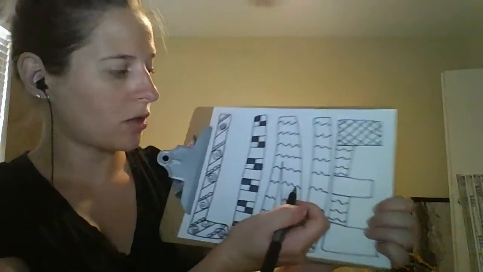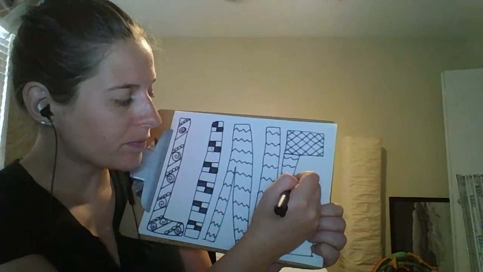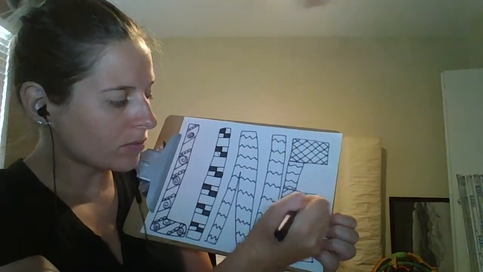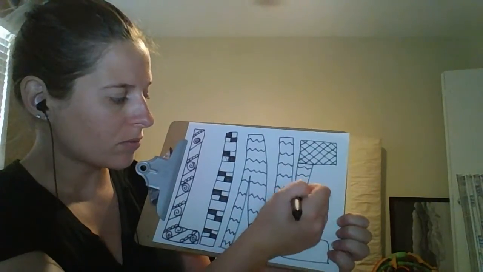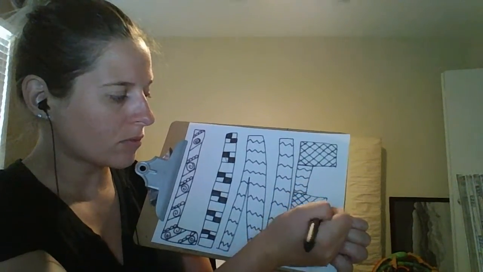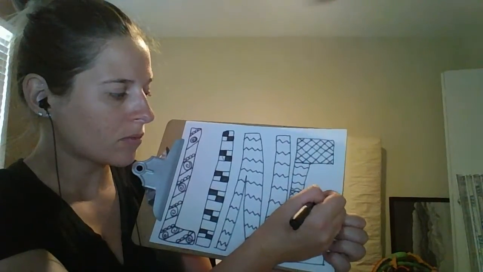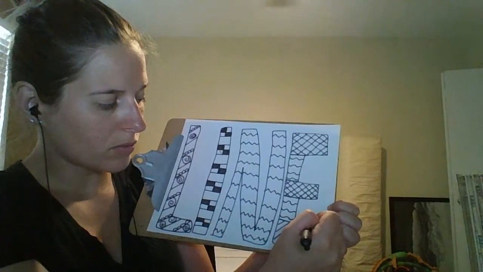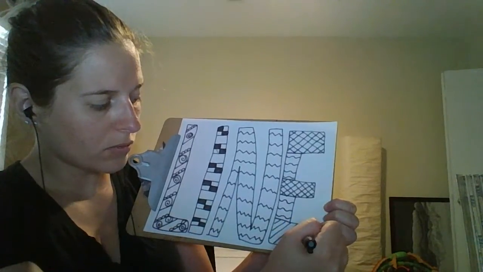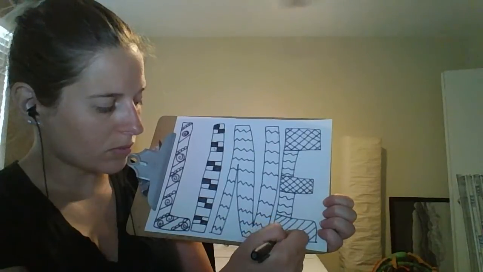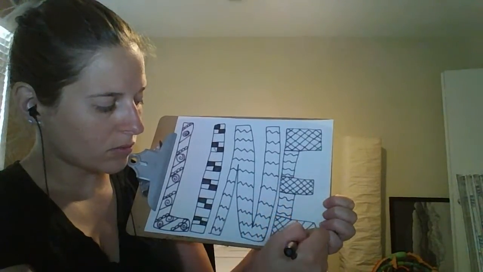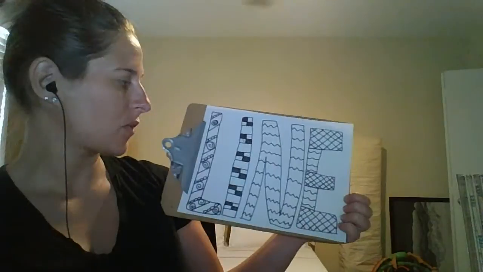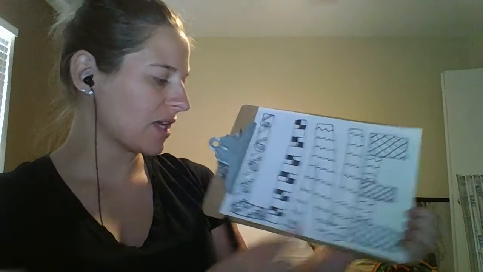So it's like from corner to corner, like that. So it looks like I have multiple designs on everything except for my N.